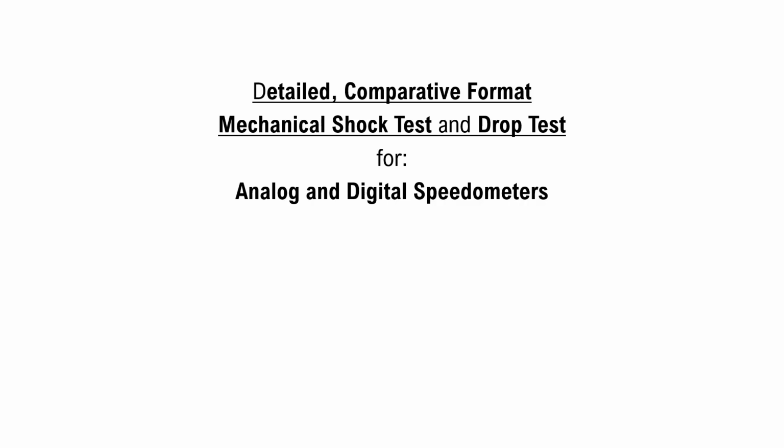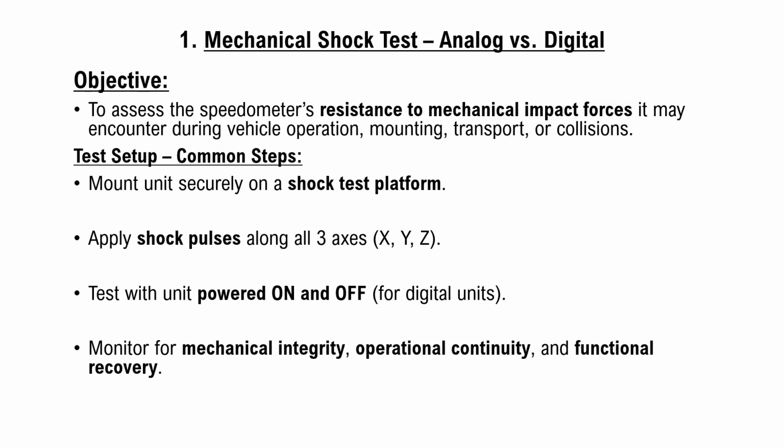Let us now proceed to a detailed comparative format for mechanical shock test and drop test. Number one, mechanical shock test for analog versus digital. The objective is to assess the speedometer's resistance to mechanical impact forces it may encounter during vehicle operation, mounting, transport, or collisions.